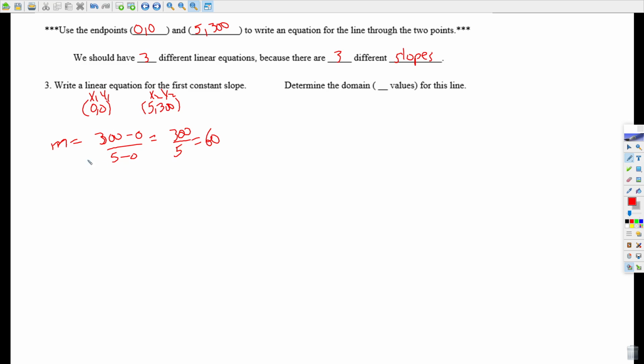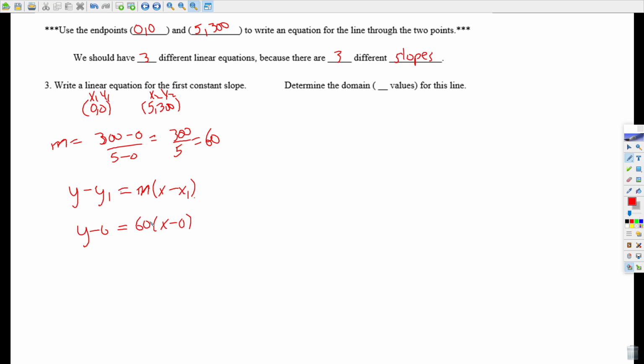All right, after we have that, then we use our point slope formula. y minus y1 equals m times x minus x1. And plug in the numbers. So our x1 and y1 is really nice and easy. It's just 0. y minus 0 equals our slope, which is 60, times x minus 0.